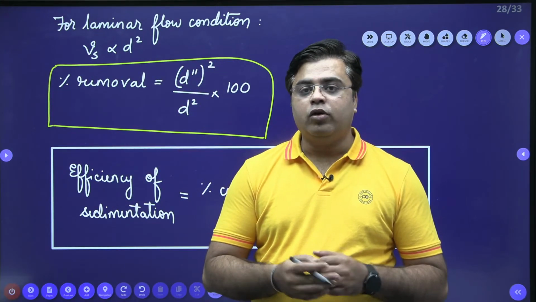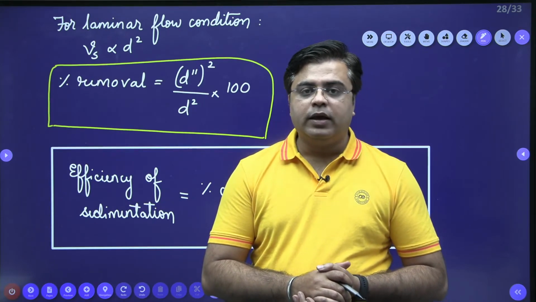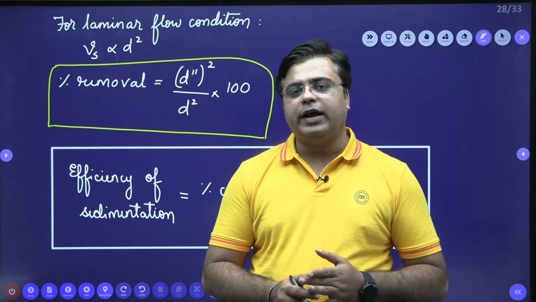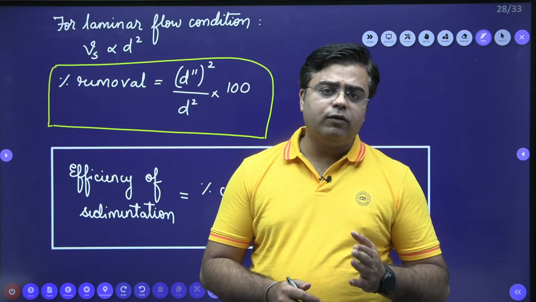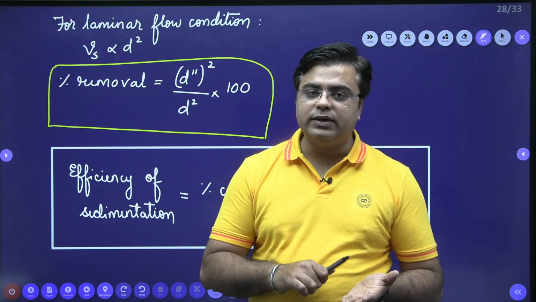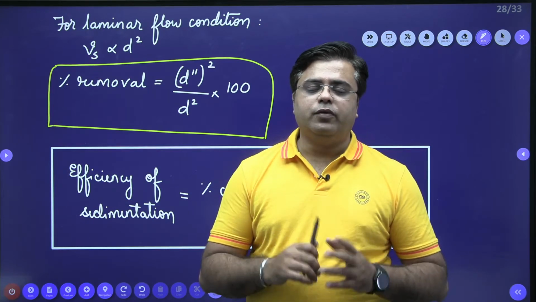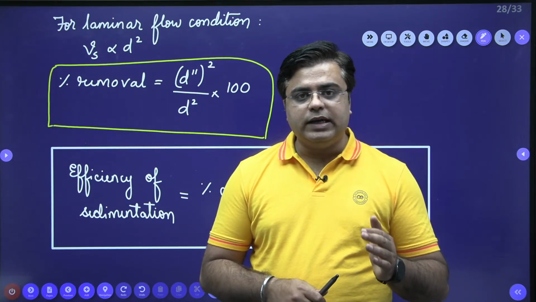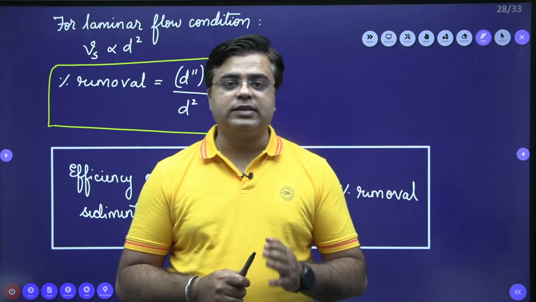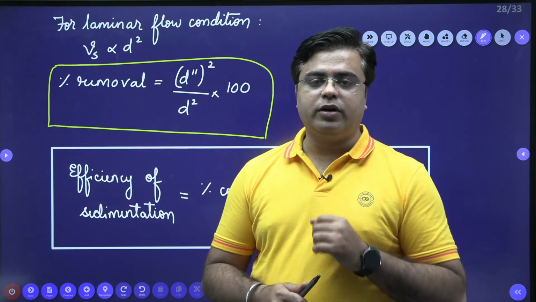I hope you have found this session very informative. If I talk about the horizontal flow type tank, in horizontal flow type tank, the concerned size of the particles and particles having size more than the concerned size are completely removed. Particles of size less than the concerned size are partially removed. Second important point.